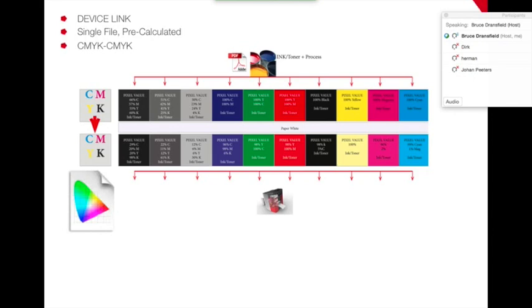Device links are much more editable, slightly more difficult to handle in the RIP, especially from a customer's input point of view, and also have an impact on speed of ripping as well, because this pre-calculation helps files move through the ripping and colour management process much faster.